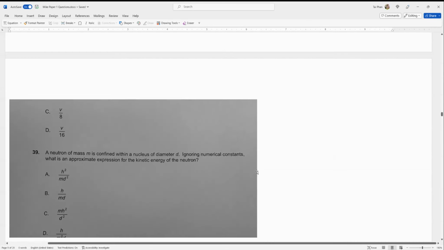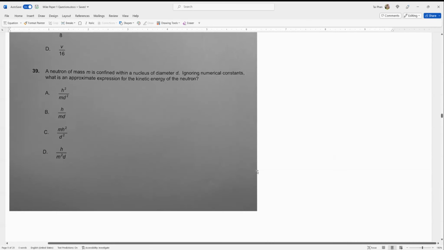Okay. The next one, a neutron of mass m is confined within a nucleus of diameter d. Ignoring numerical constant, what is the approximate expression for the kinetic energy of the neutron? Hmm. Kinetic energy. This is a question about topic 12 about particle and quantum physics.